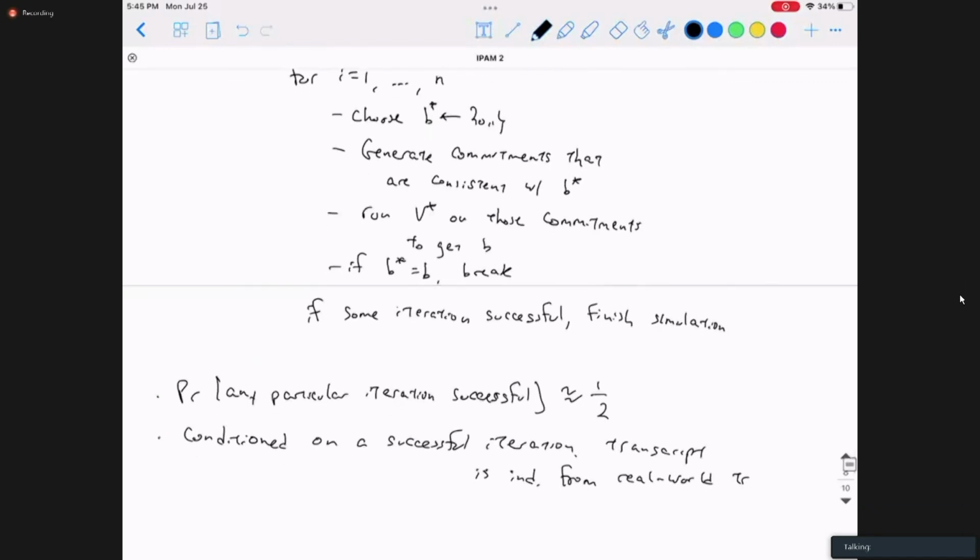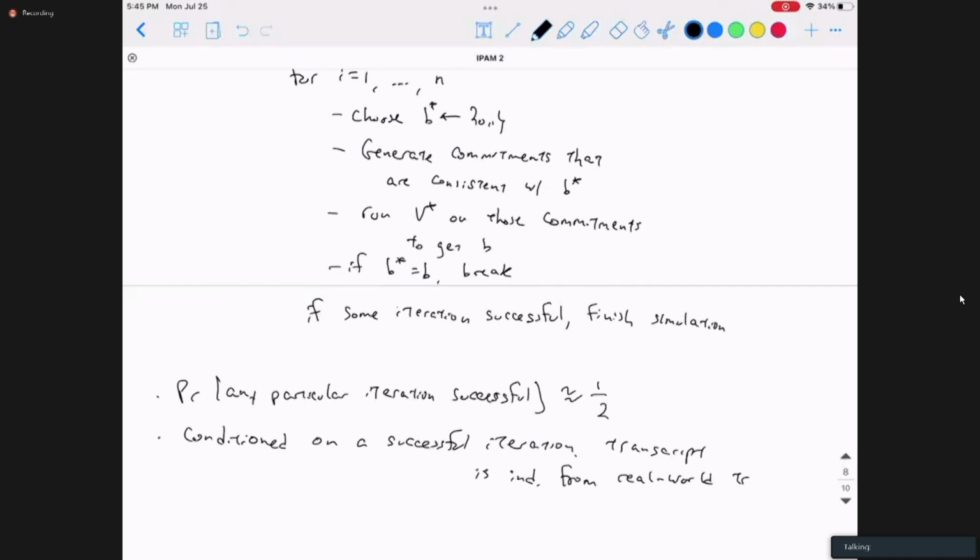So again, they're not going to be identical, or let me say it differently. If the commitments were ideal, then the distributions would actually be identical. Because conditioned on a successful iteration, we have exactly some challenge from the verifier and then some response to that challenge that exactly corresponds to what will be sent in the real world to make the verifier accept.